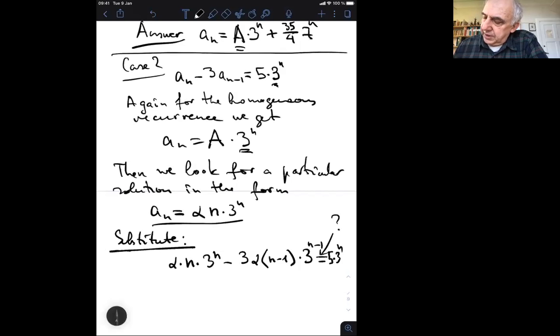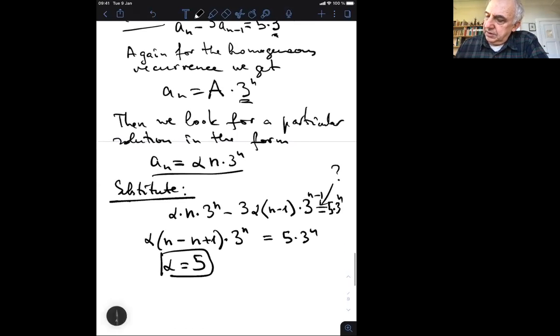Okay, so if we factor out alpha, in the left-hand side we get alpha, now, so we get n minus n plus 1 times 3 power n should be equal to 5 3 power n. Or in other words, alpha should be equal to 5.